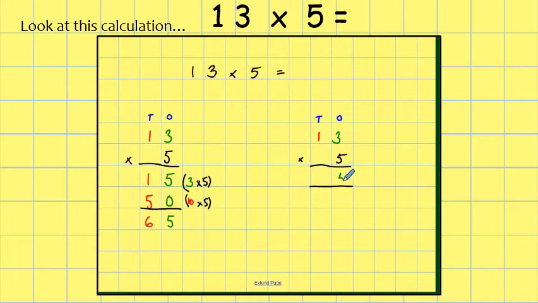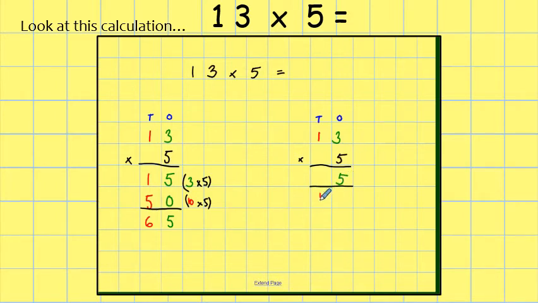We put the 5 from 15 in the ones column, but we don't put the tens number here. We actually put the tens number underneath. We carry it into this column, but we don't actually write it in yet. So the 10 from the number 15, this 10 here, goes underneath.